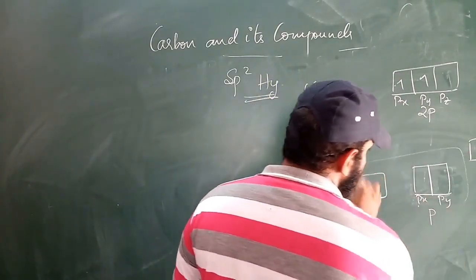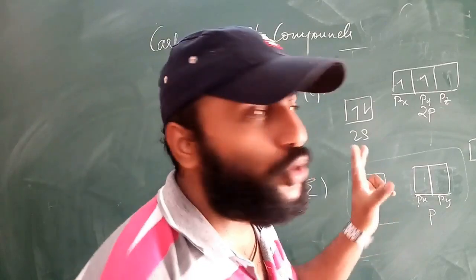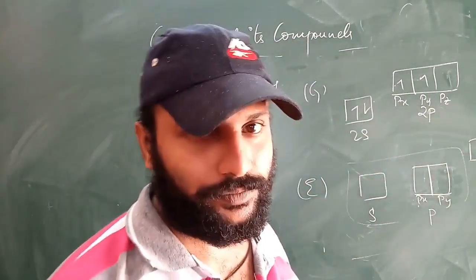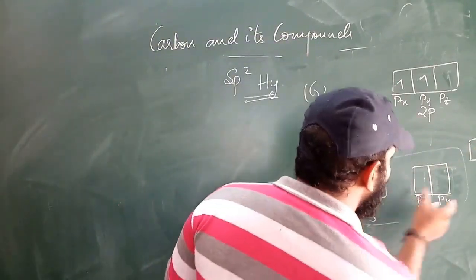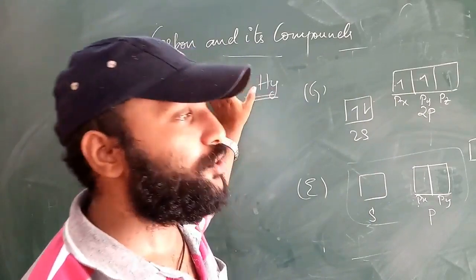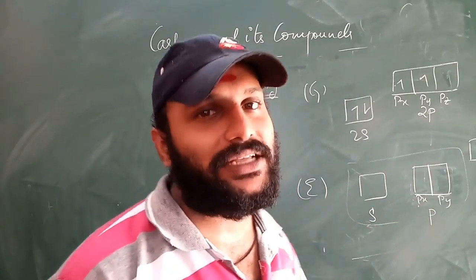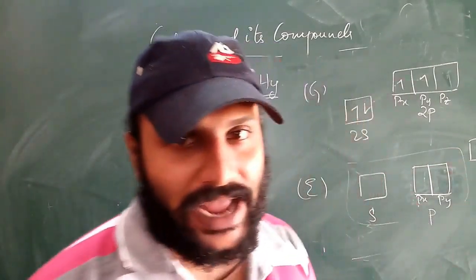So here hybridization has taken place with one s orbital and 2 p orbitals, leaving behind one unhybridized orbital, the pz orbital. That is called sp2 hybridization.